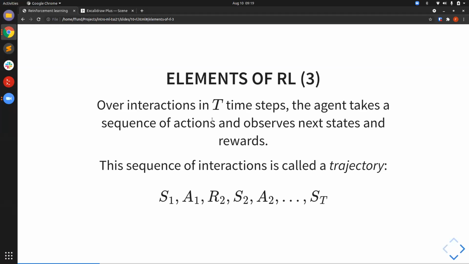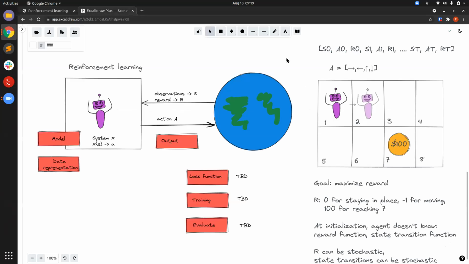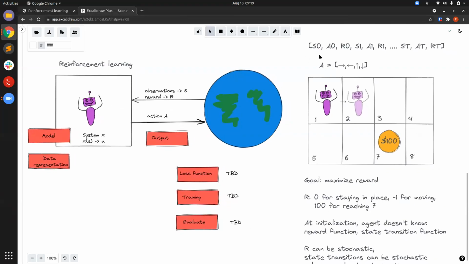Now, given some trajectory, so we have this information, what are all the things that an agent might try to learn? So what am I trying to actually learn in this situation? Any ideas?